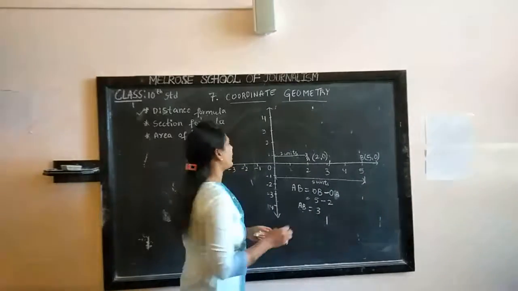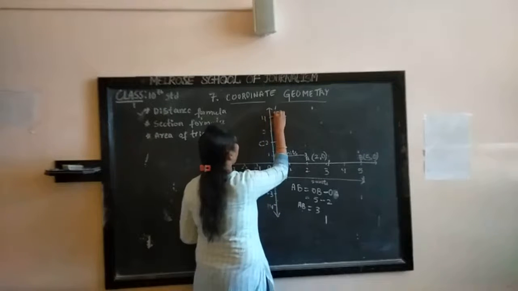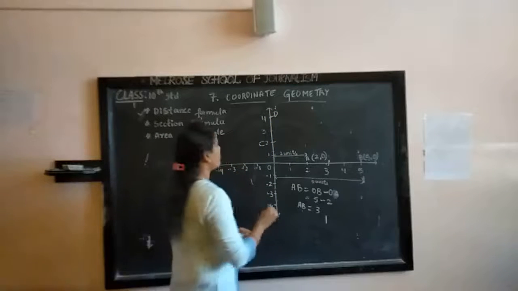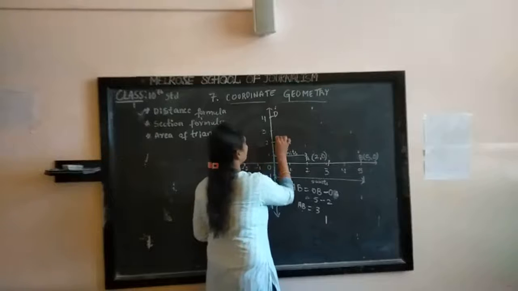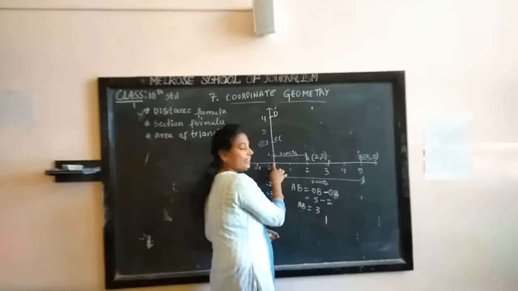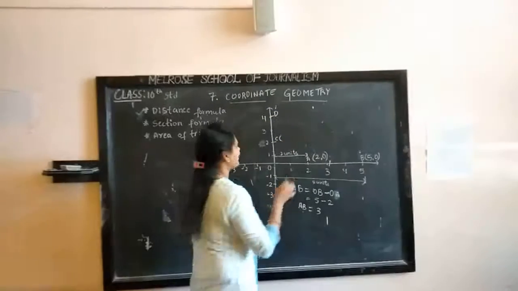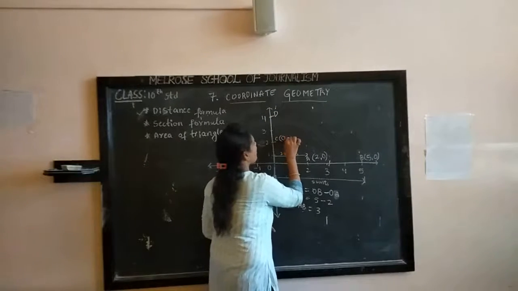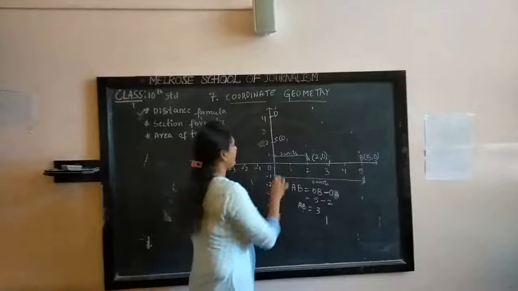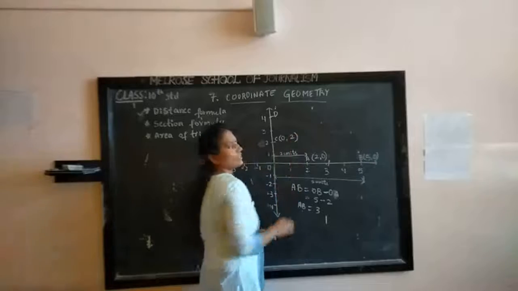In the same way we can find out if the 2 points are lying on the y axis. Suppose, how can you write the C coordinates? Since the point C is lying on the y axis, its abscissa value is 0 and the distance from origin to the point is its ordinate.